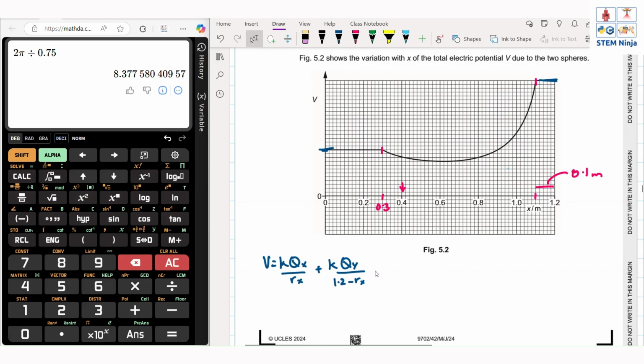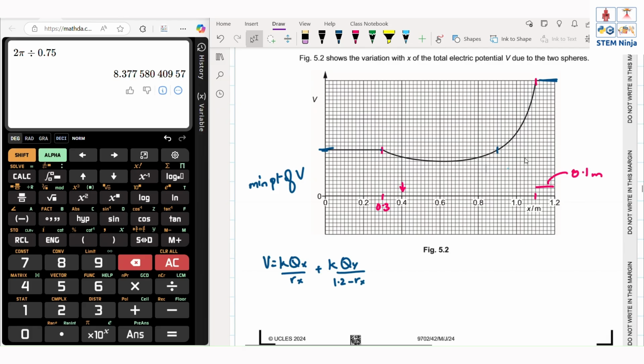What we can do over here, there are two ways. We can look at the minimum point of potential, or we can look at the graph over here. If we can somehow show that the skew of the graph is symmetric, it is not skewed. The graph is actually symmetric between this and, let's say, this point over here.